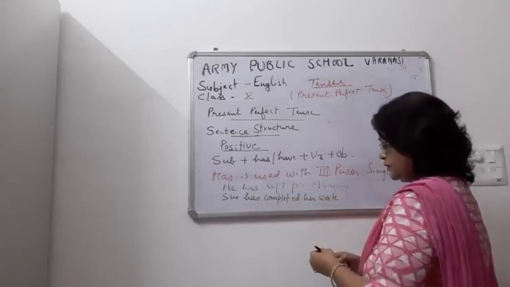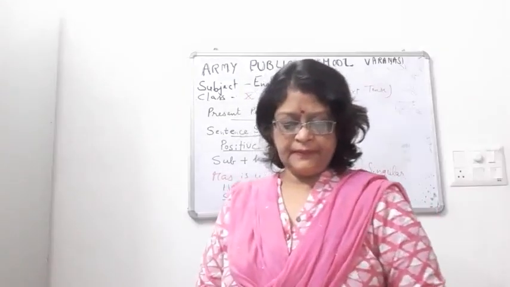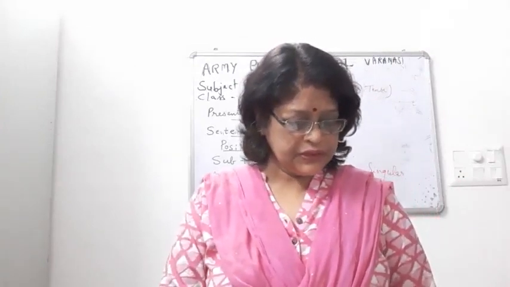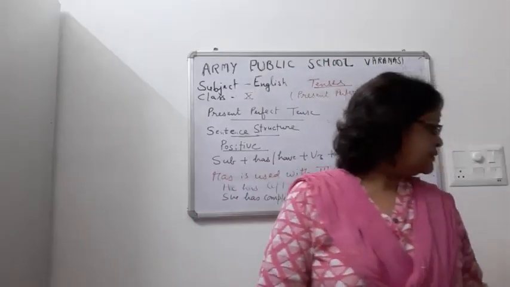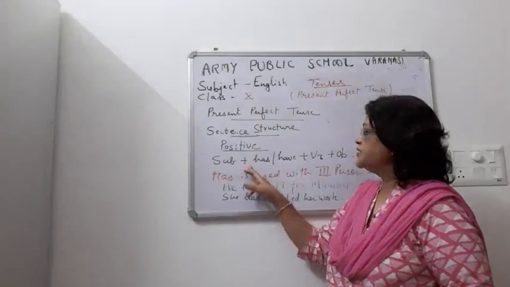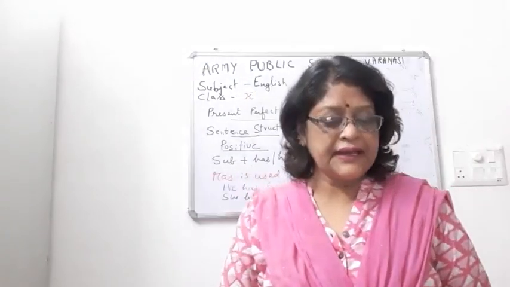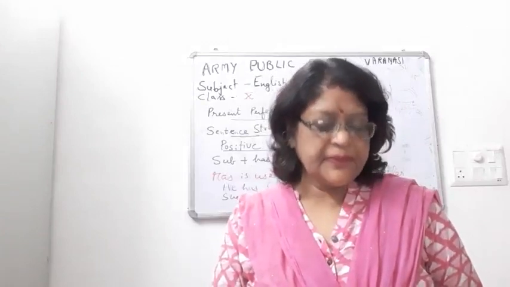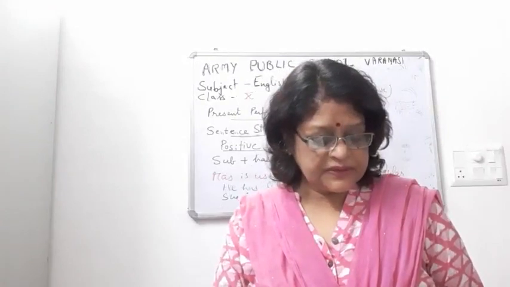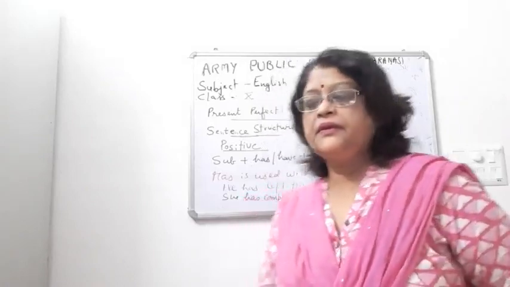Okay. So now with negative sentences. This is the formula for positive: subject plus has or have plus V3 plus object. Remember students, has is used with third person singular. If you want, you can note it down. And have is used with first person, second person, and third person plural.